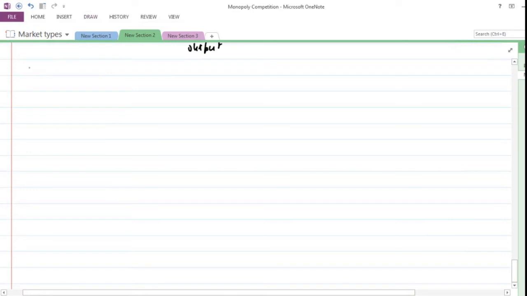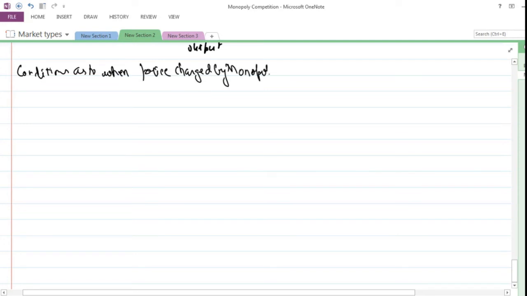Conditions as to when price charged by monopoly is less than market price.